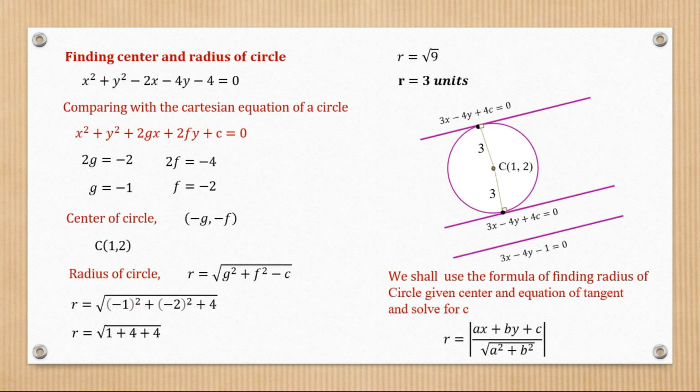Then we shall use those to solve for c. So remember this formula. When we look at this general equation of the tangents that we have, we can see that the a value is 3, the b value shall be equal to negative 4, and the c value shall be equal to this whole 4c. So that's what we have right now. So plug those in, and this is what I'll have.